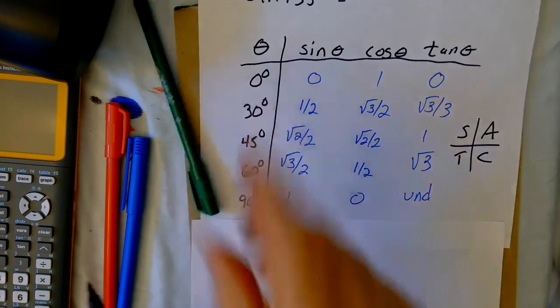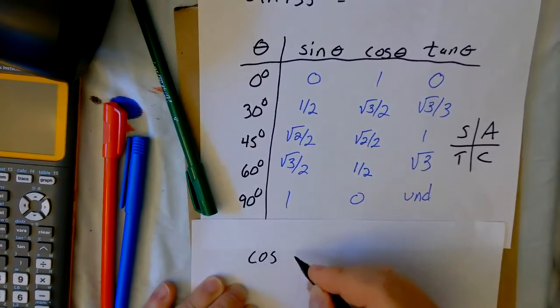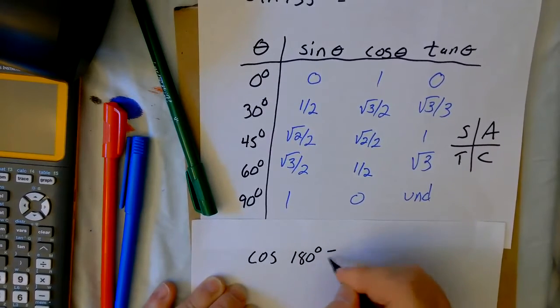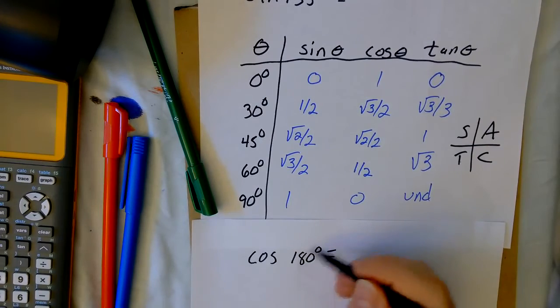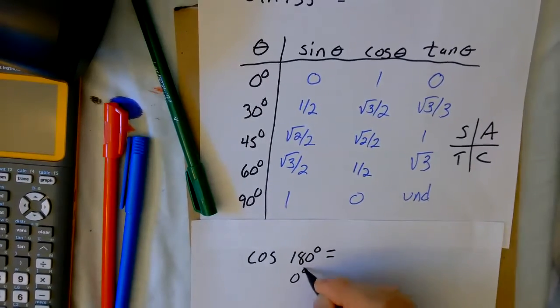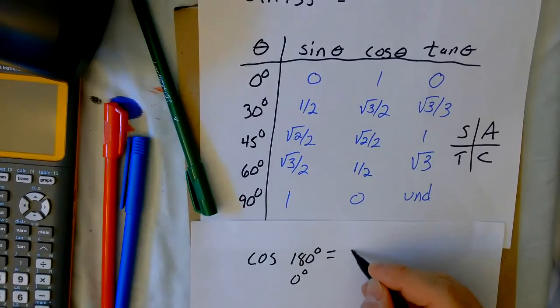They might throw in a quadrantal angle on you. What's the cosine of 180 degrees? So you say, well, reference angle for 180, that's going to be 0 degrees. Cosine of 0 degrees in my chart, cosine of 0 is 1.